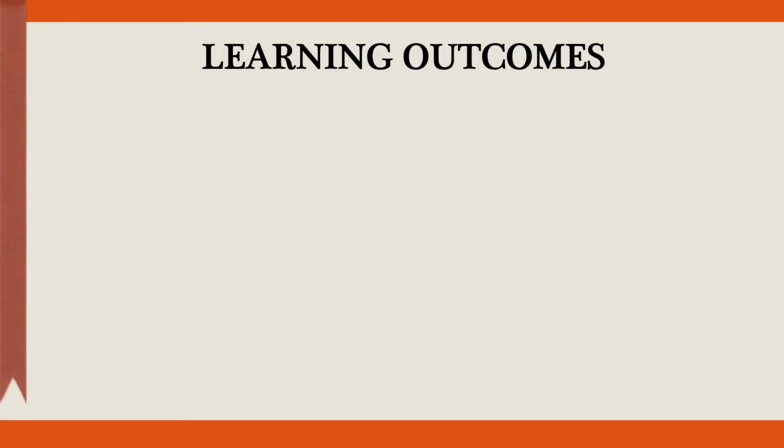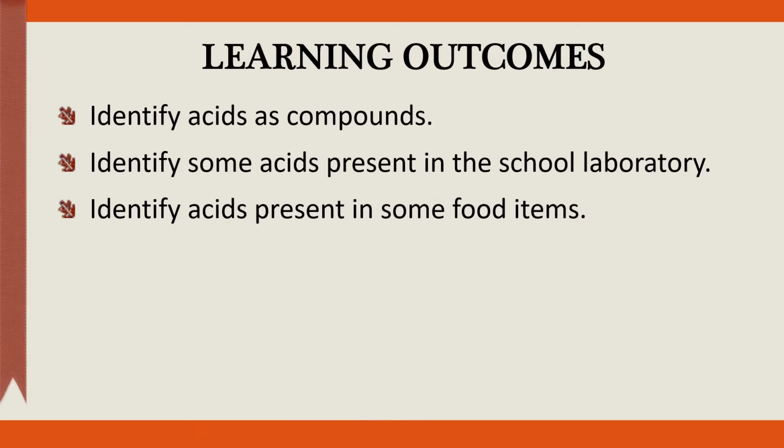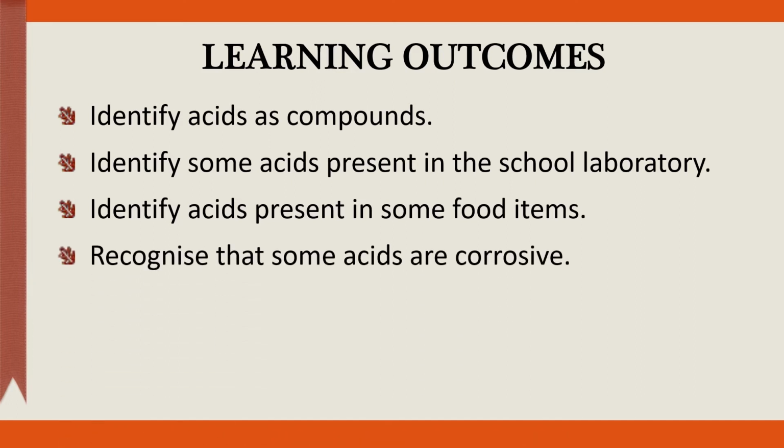Learning outcomes. By the end of today's lesson, you will be able to identify acids as compounds, identify some acids present in the school laboratory, identify acids present in some food items, recognize that some acids are corrosive.